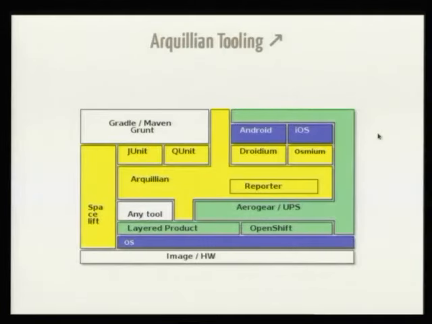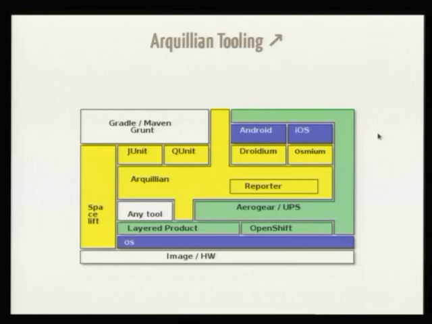So how are we using all this stuff together, the build Gradle, the Spacelift, and Arquillian tools? This is an image which describes a high-level overview of a system under test. You can see in the bottom that you have either an image or hardware. So you are running somewhere in the cloud or on a local machine or in Docker. It doesn't really matter.